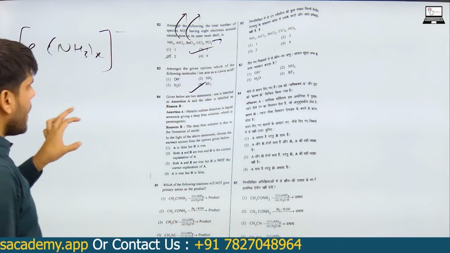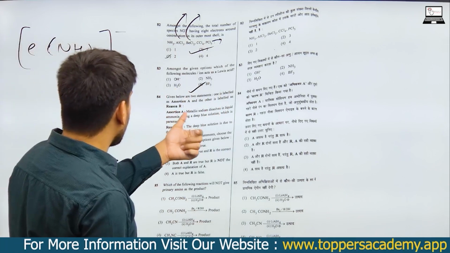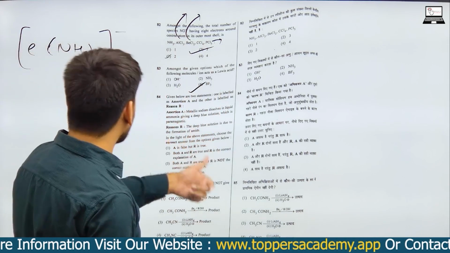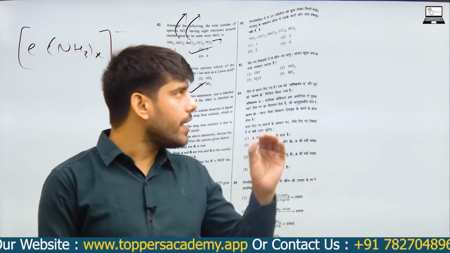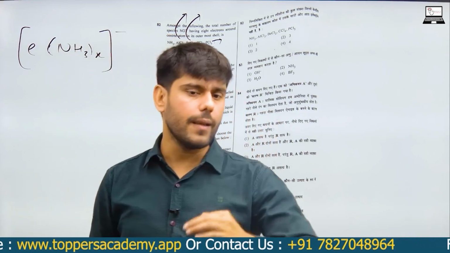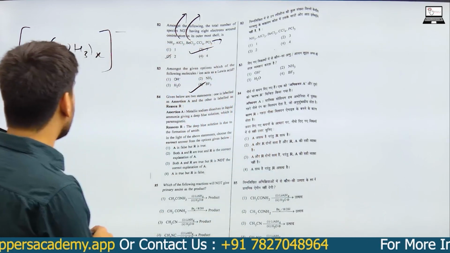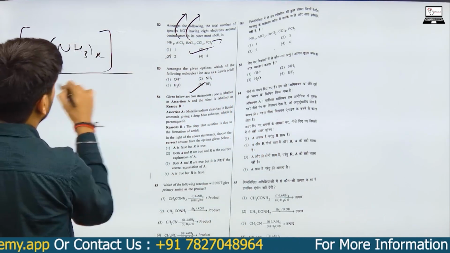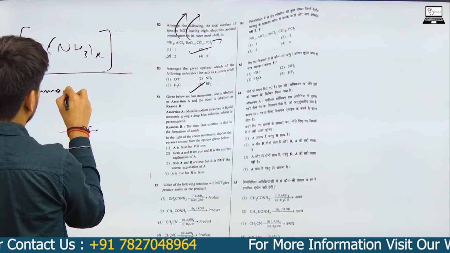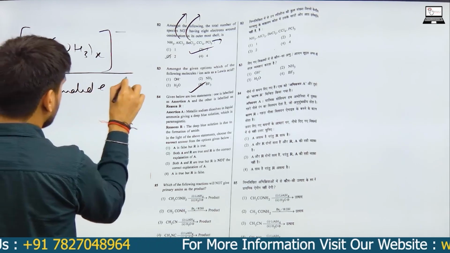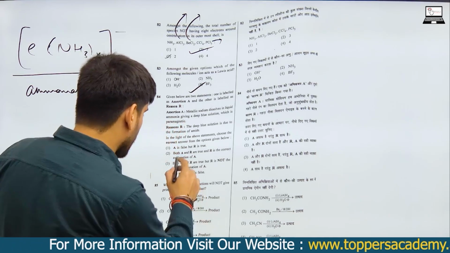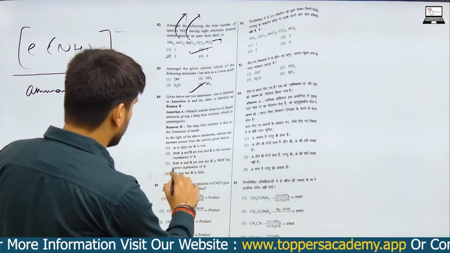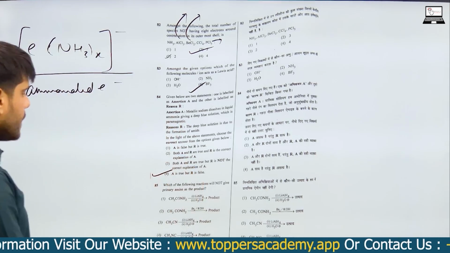Second, the deep blue solution is due to formation of amide. No, the deep blue color is not due to the formation of amide. In fact, when you keep it undisturbed for some time, there is the formation of amide. But the deep blue color is because of these ammoniated electrons. Right? So A is correct, but B is wrong. So A is true, but R is false.